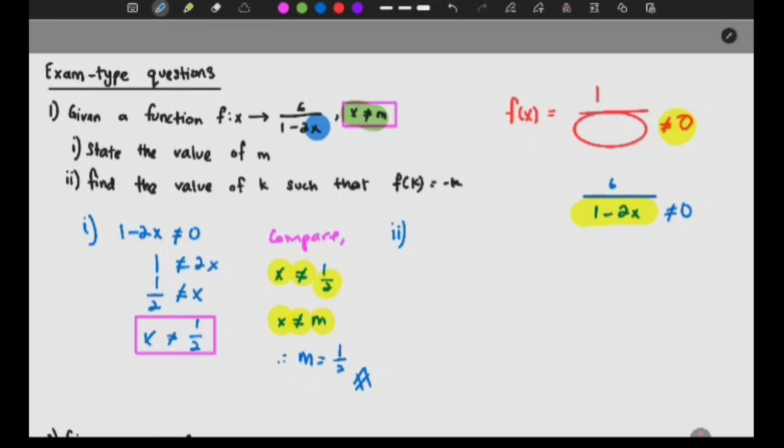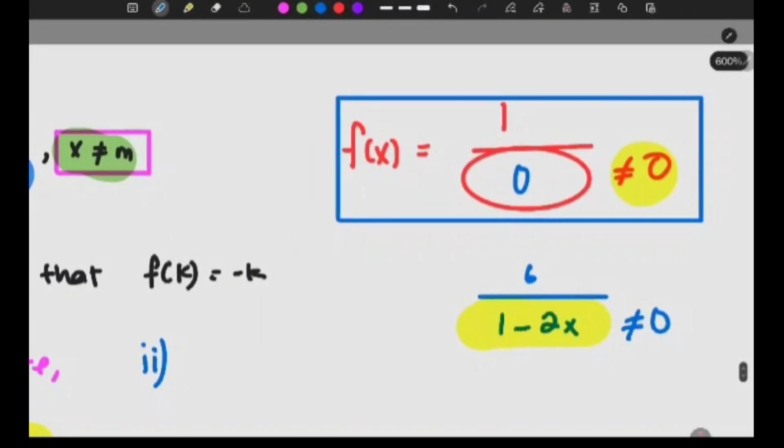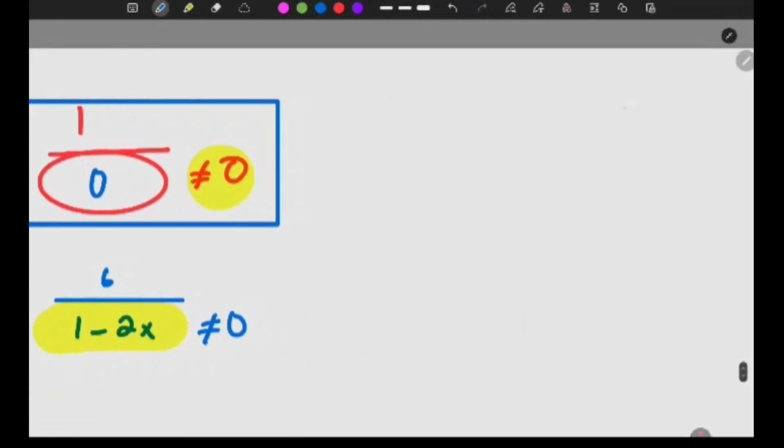let's just say 5/0, what do you get? Math error. 1000/0, math error. So you realize whenever you press your denominator equal to 0, you will get a math error on your calculator.